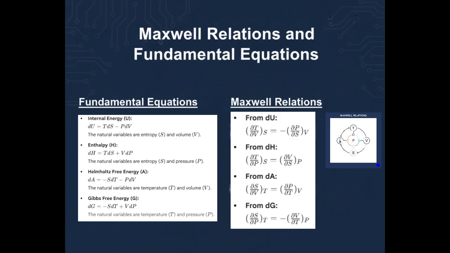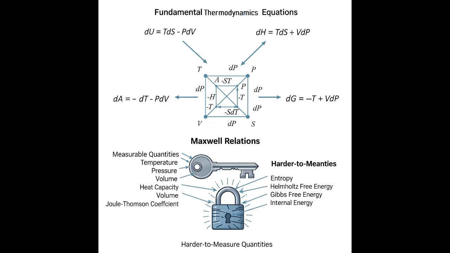From our fundamental relation, dU equals TdS minus PdV, and similar expressions for dH, dA, and dG, we can derive a set of important relationships known as Maxwell relations. These relations connect partial derivatives of thermodynamic properties and are extremely useful for relating measurable quantities to those that are harder to measure directly.